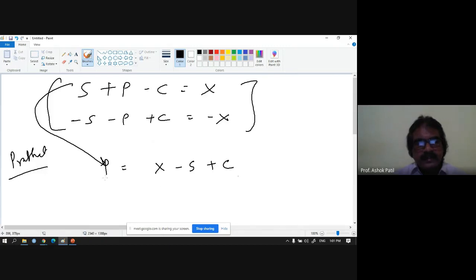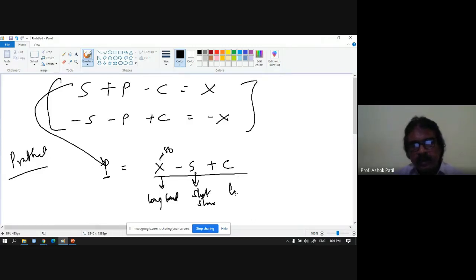So can we generate a long put by adding a long bond, which is fixed, where X is fixed and you can consider X to be 50, then a short share and a long call. In the same Excel sheet, you can put all these things, long bond, short share and long call, with three types of columns for the profit and loss, for the beginning investment, and for the maturity.